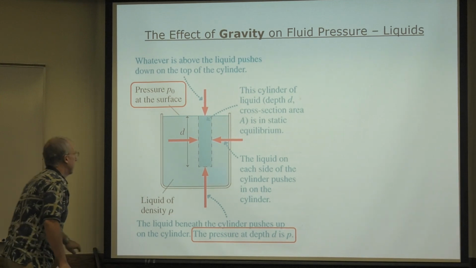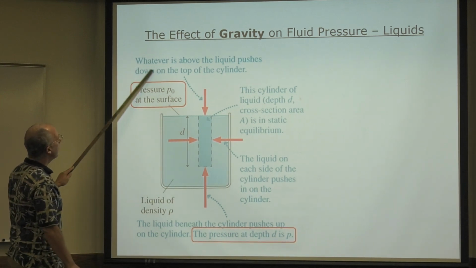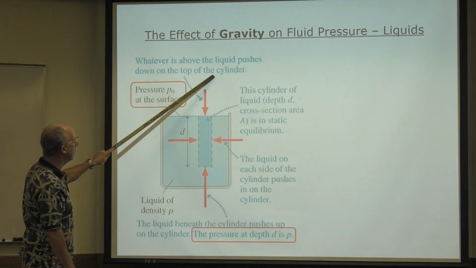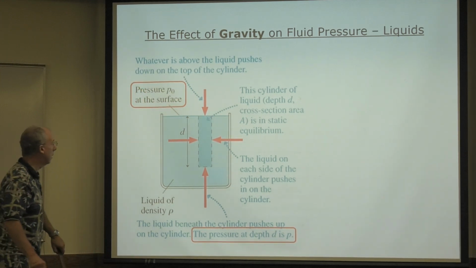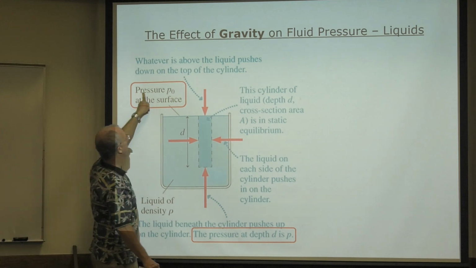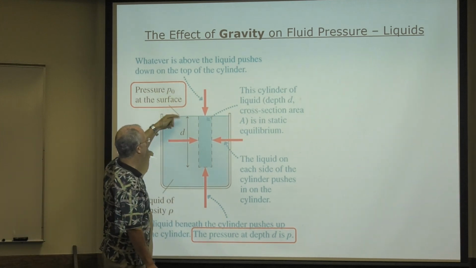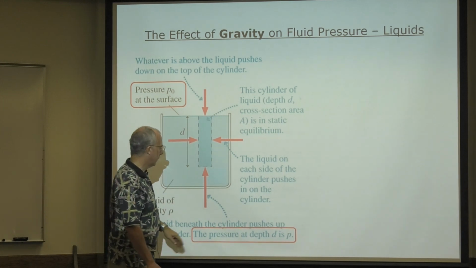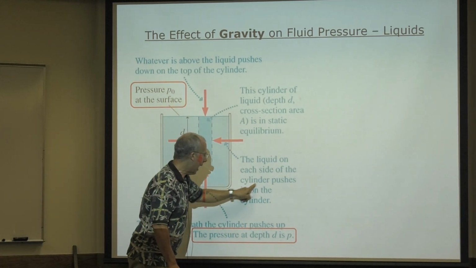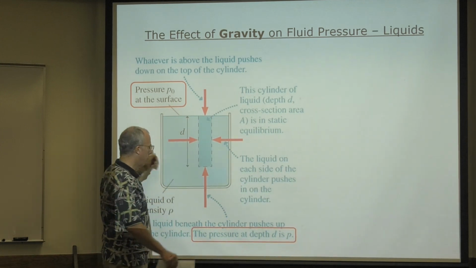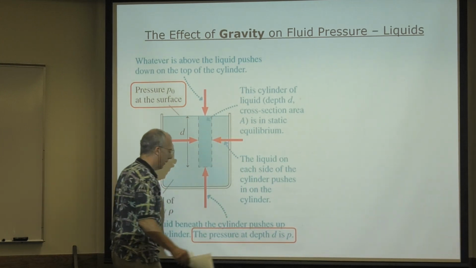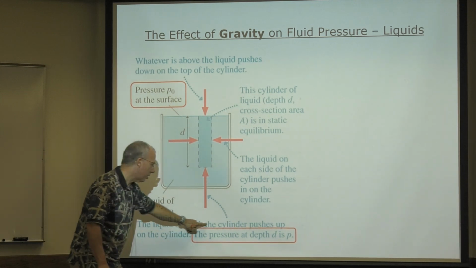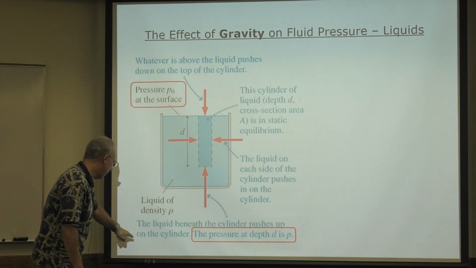Okay, so let's go. Whatever is above the liquid pushes down on the top of the cylinder. So that's the atmospheric pressure. We'll say the pressure P0 at the surface. So atmospheric pressure is pushing down. The liquid on each side of the cylinder pushes in, right? And the liquid beneath the cylinder pushes up on the cylinder.